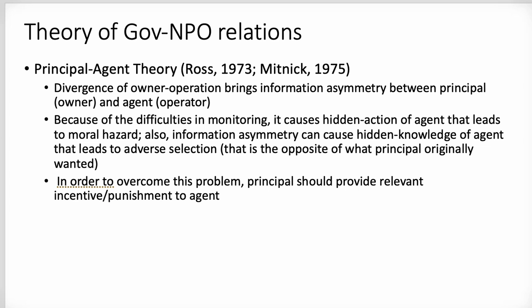Also, information asymmetry can cause hidden knowledge of agent that leads to adverse selection. So, in order to overcome this problem, principals should provide relevant incentive or punishment to agent.